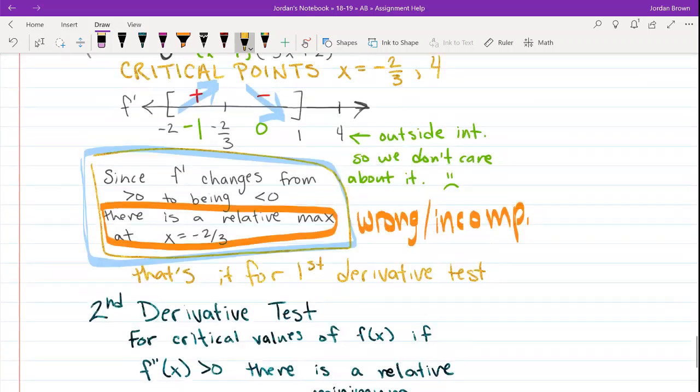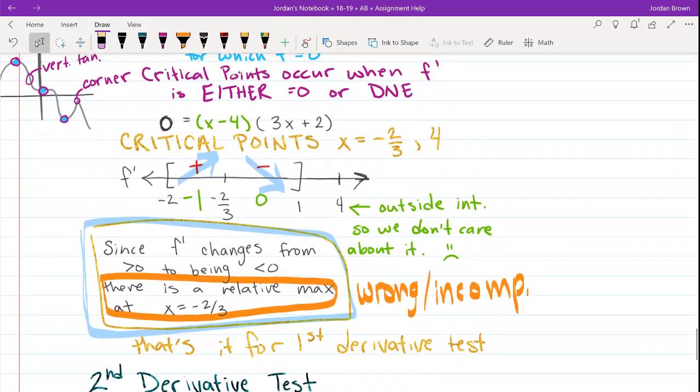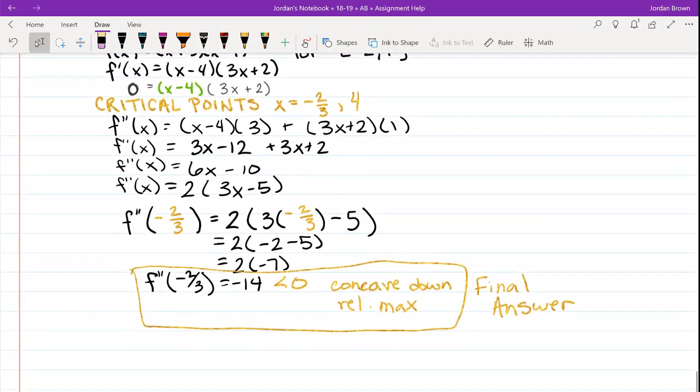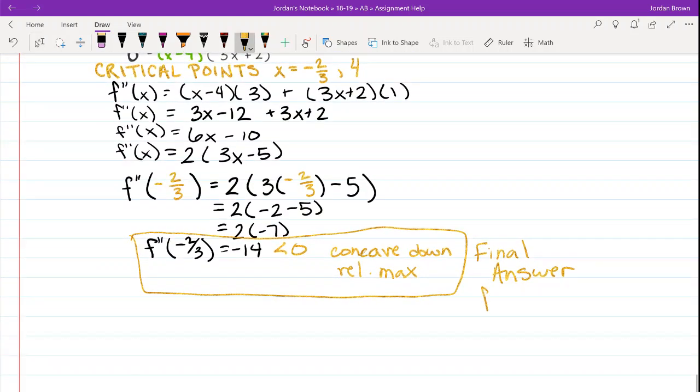And that's for the second derivative test. Y'all feel okay with that?